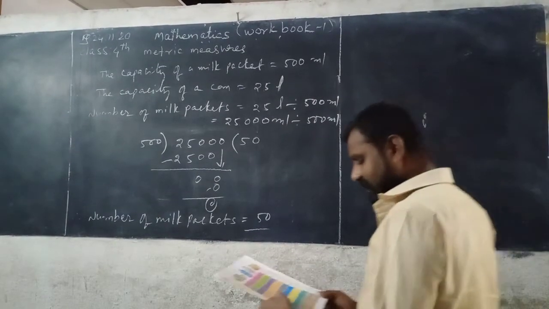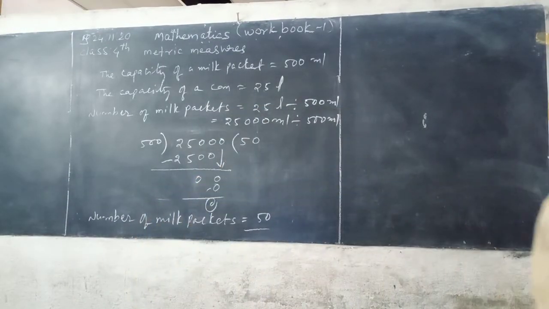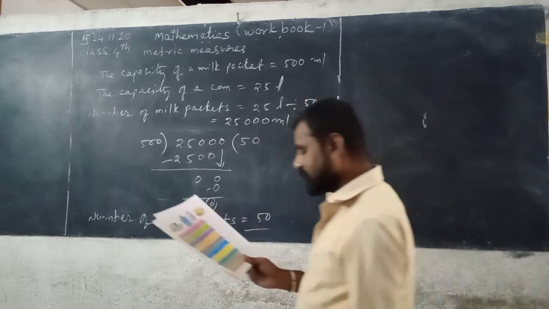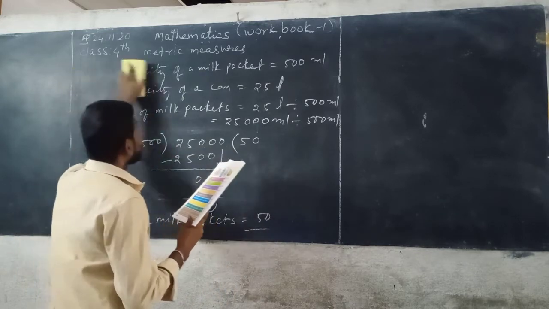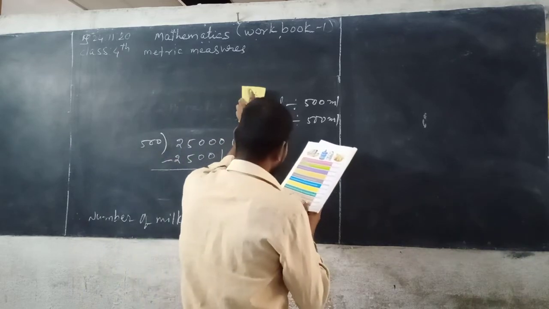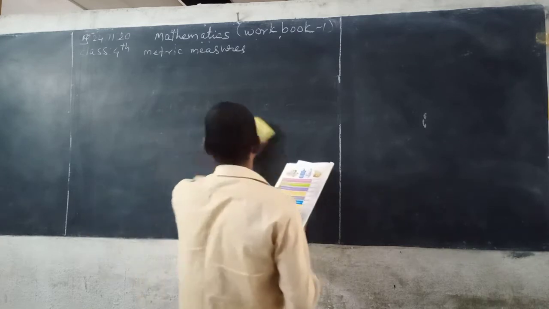See, beta, once again. Suresh bought half kg potatoes for 15 rupees. Ramesh bought 500 grams of potatoes for 15 rupees. Which was the better deal? See here, there is one logic in this problem.